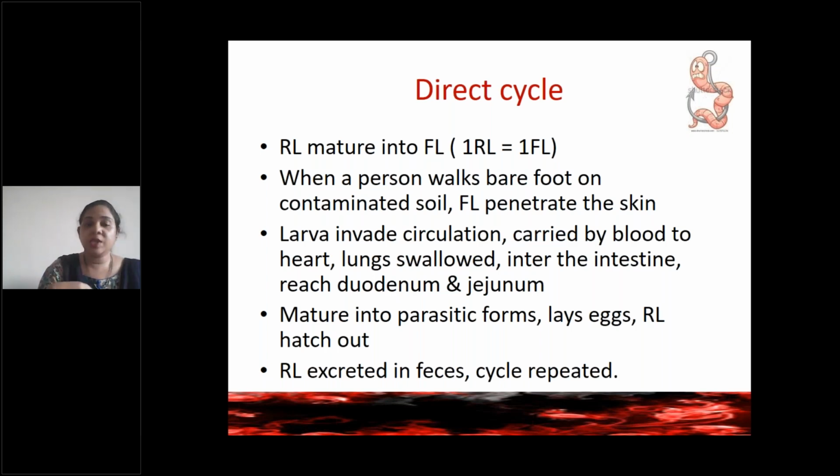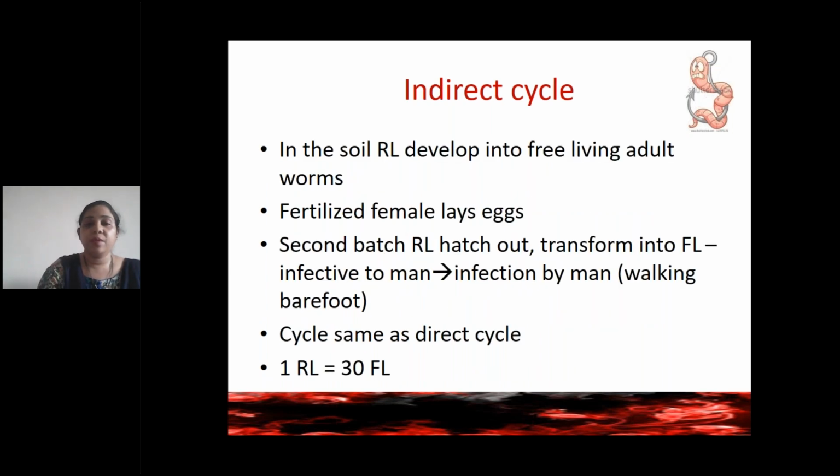Swallowed, reach the intestine, settle in the mucosal tissue, and they mature into parasitic worms. Again, female lays eggs. From the eggs, immediately rhabditiform larva hatches out, and rhabditiform larva are excreted in feces. This is called as direct cycle.